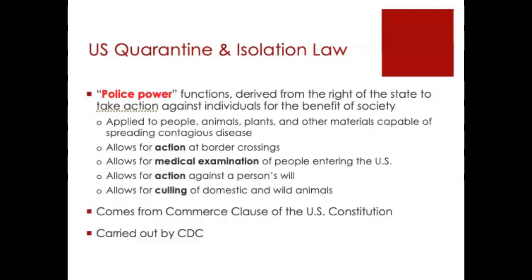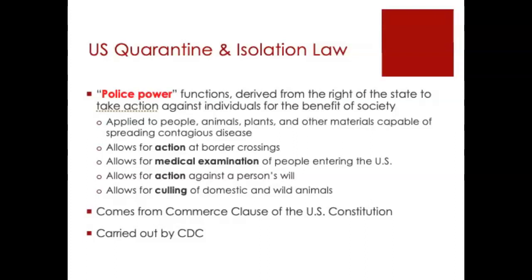We saw some of this early on in the COVID-19 pandemic. We're still seeing it today at airports when passengers who are coming off of airplanes from other countries are subject to having their temperature taken, for example. That falls under these police powers.